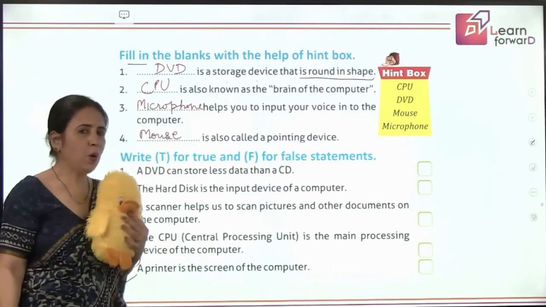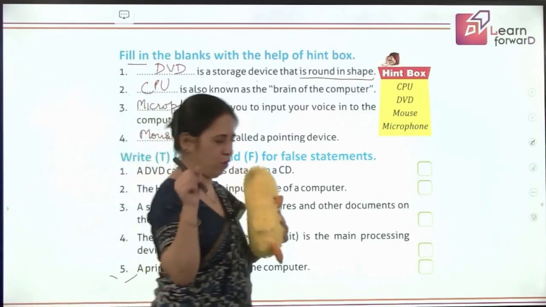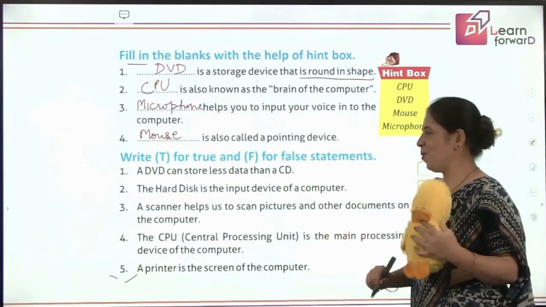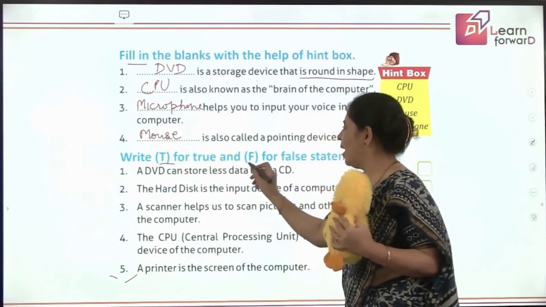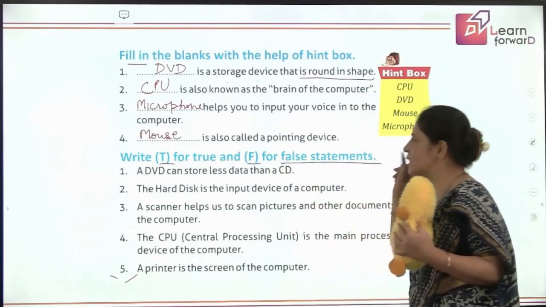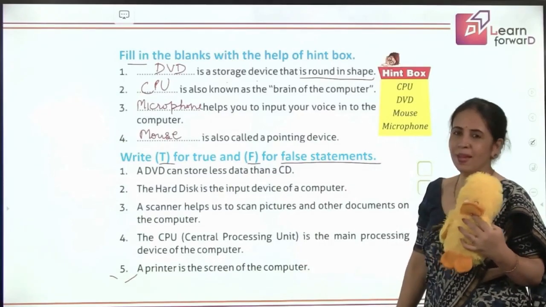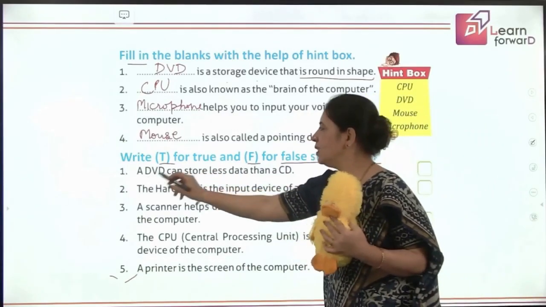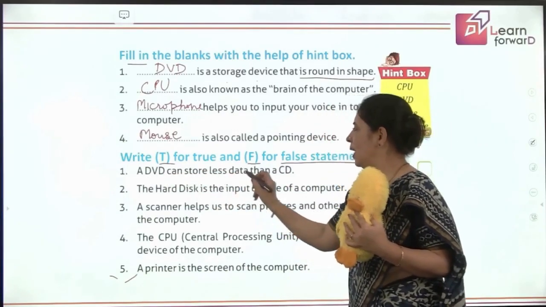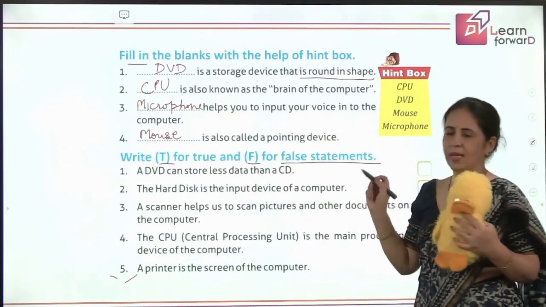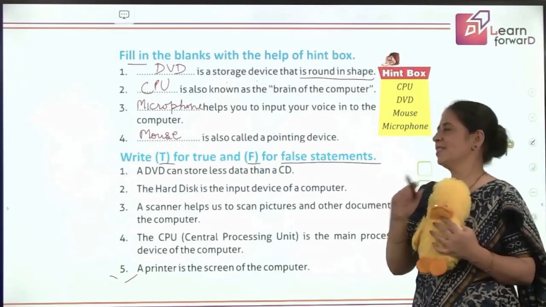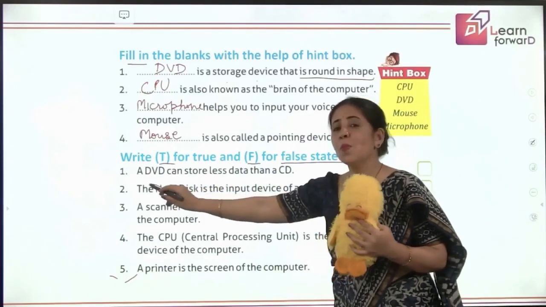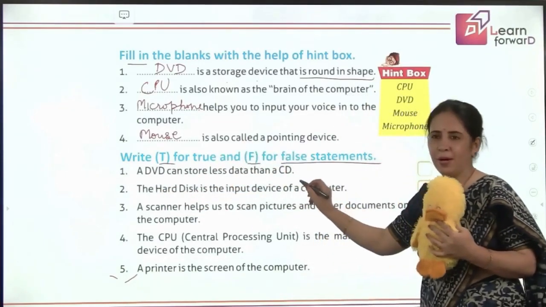Now time to check true and false. Here we go. Write T for true and F for false statements. Let's begin. A DVD can store less than CD. Is it true? You remember I told you? Yes. DVD always stores more data compared to CD.